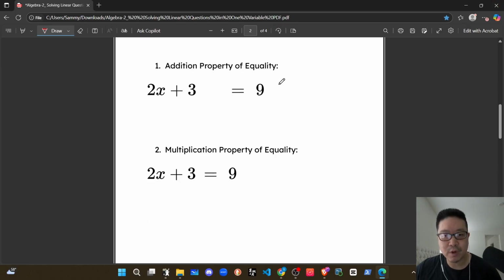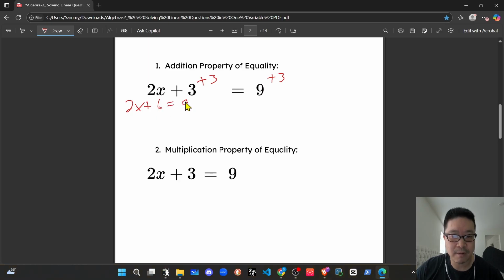So here we have the same equation from previously, 2x plus 3 equals 9. I'm going to add 3 to both sides and see if we get a true equation. So when we do that, we get 2x plus 6 equals, sorry, not 9, 9 plus 3 is 12.